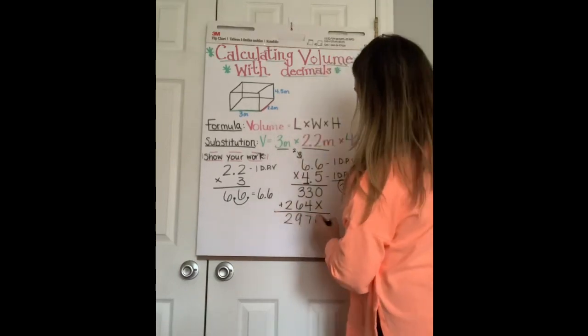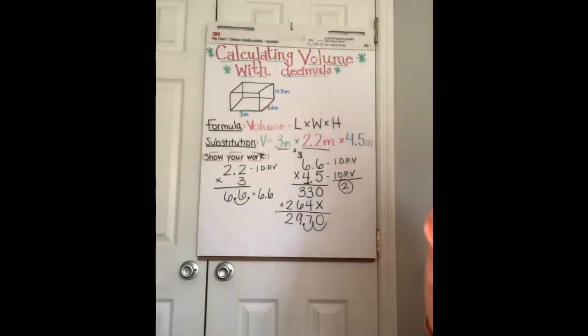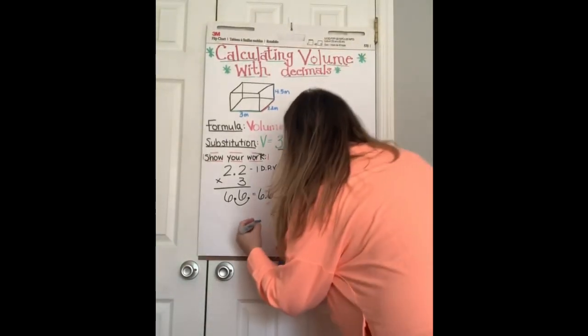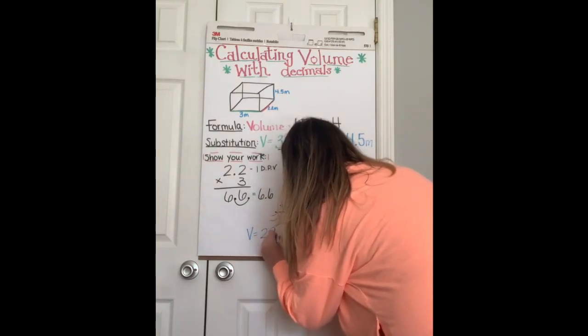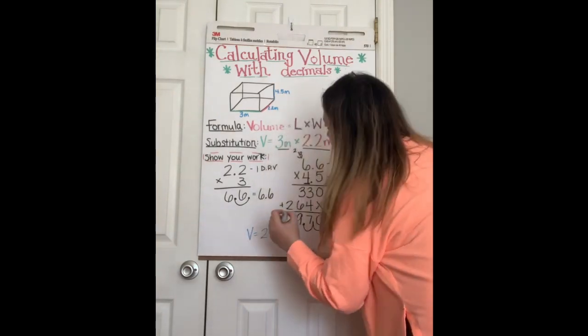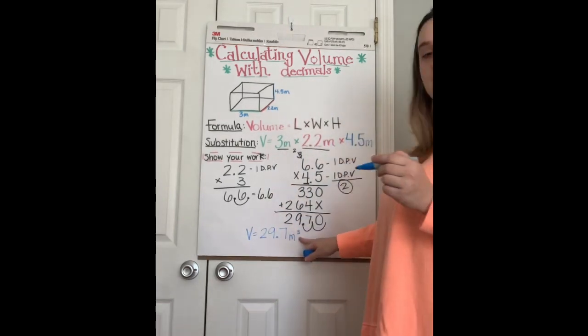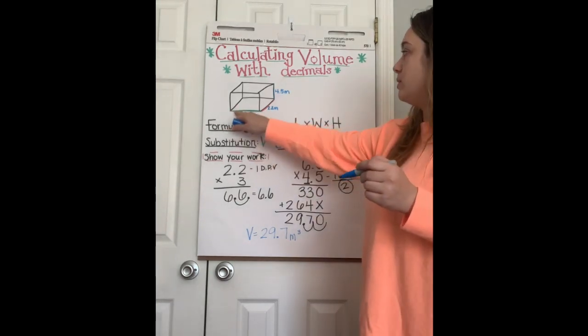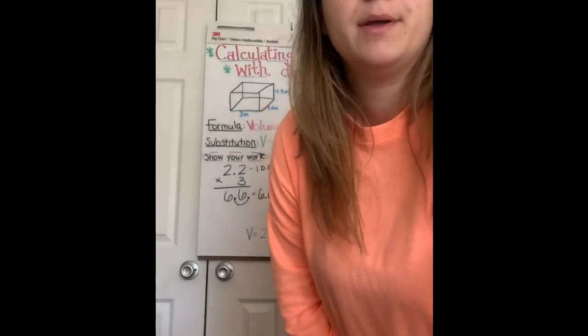And I'm going to move my decimal 2 places. So the volume here is 219 and 7/10 meters cubed. Remember, we're cubing because in volume we multiplied 3 dimensions, and it's also a 3D shape.